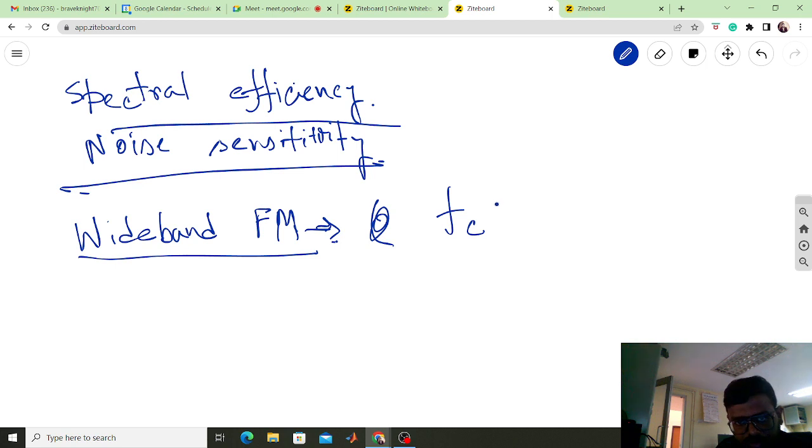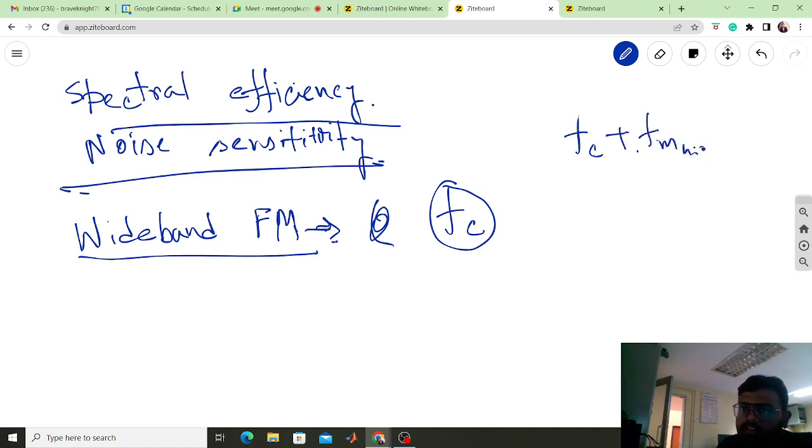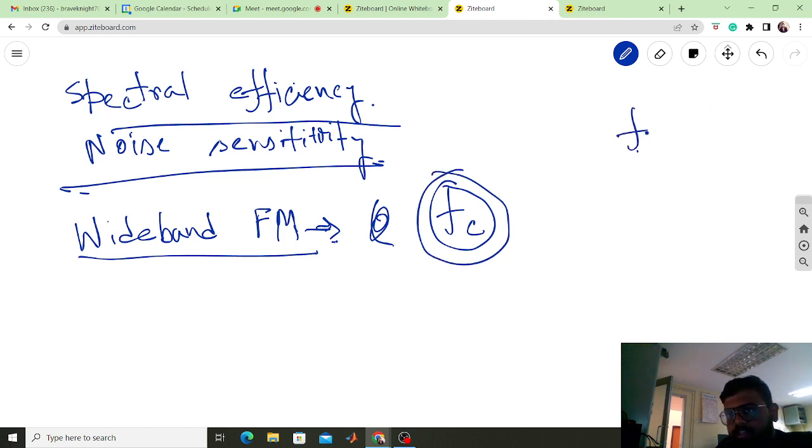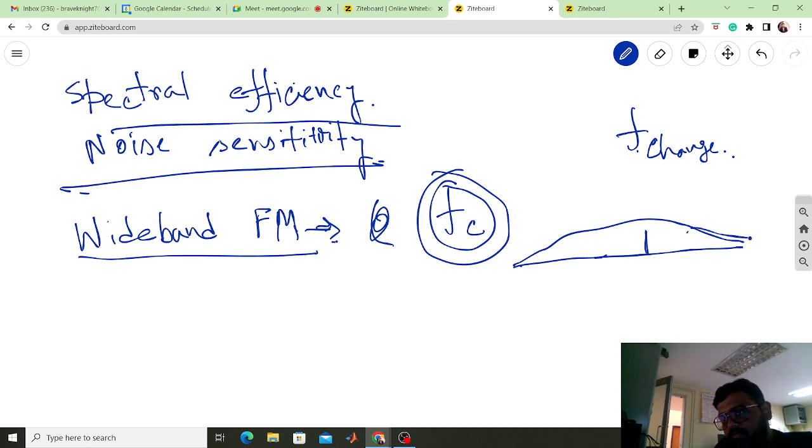FC is the carrier frequency, and FC plus FM the highest deviation. So we can say what is the total dynamic change of this particular bandwidth due to the modulation. Probably we say there is a change. So if FC is like this, the change is very high compared to this. This is for wideband. Similarly, for narrowband, this change is not that much high.